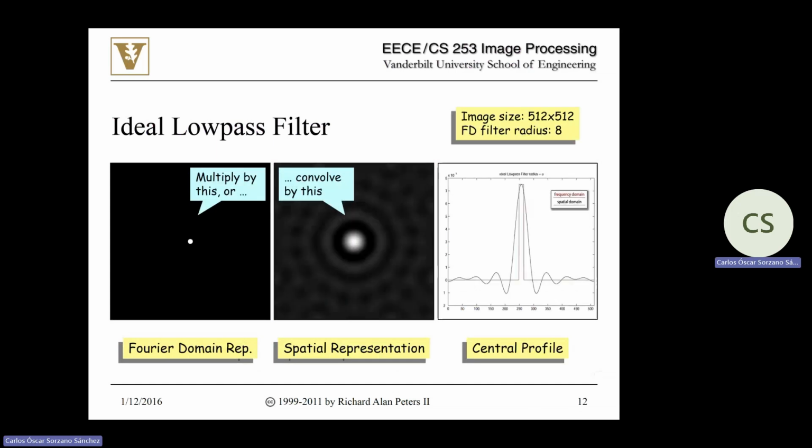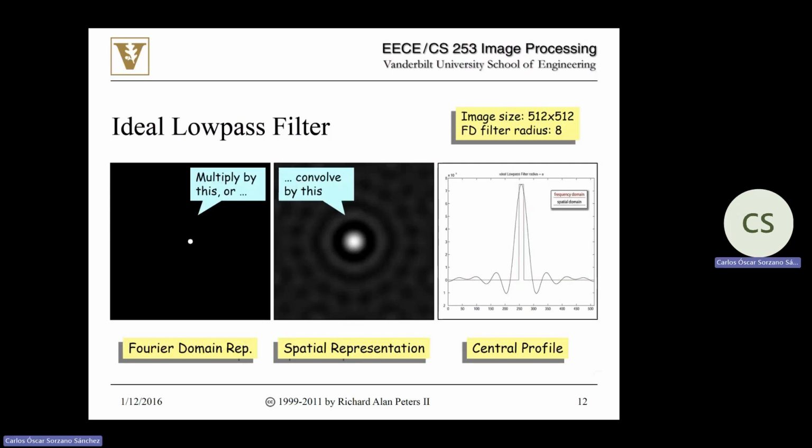Okay, so now let's make our filters smaller in Fourier space. If it is smaller in Fourier space, it has to be wider in the other space. So this is the impulse response. Here we have a profile of the two.